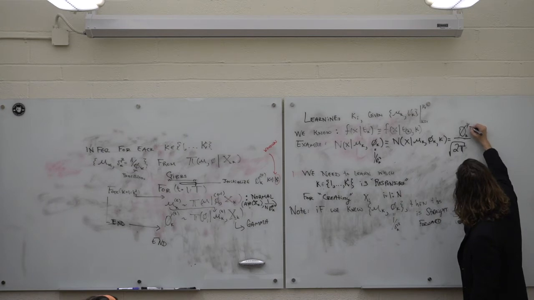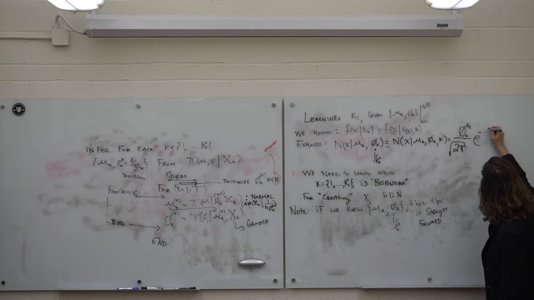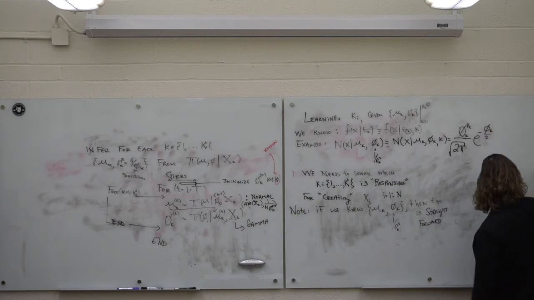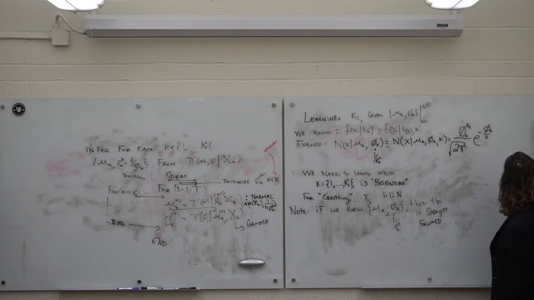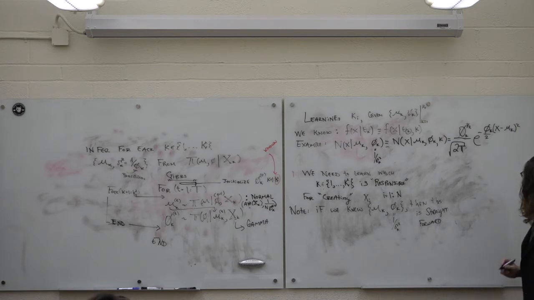to the 1/2, e to the minus phi k divided by 2 times x minus mu k squared, and that's everything.